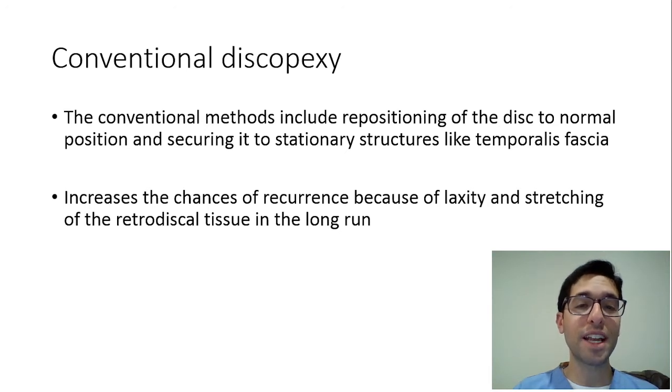The problem is it tends to recur because the retrodiscal tissue, or any tissue for that matter, will eventually loosen up and become lax and stretch, and then the disc will subsequently be displaced. And that's what we found when we did these conventional discopexies: in the short term they may look like we repositioned the disc, but they all relapse and they all have anterior displacement, internal derangement, a year or two later.